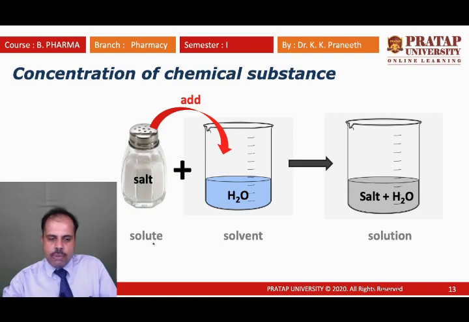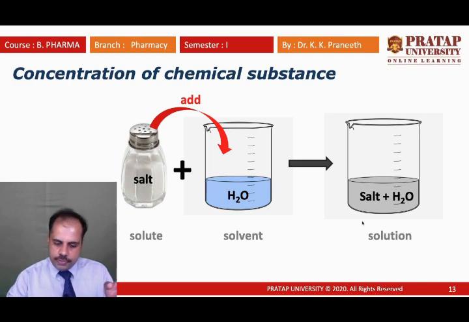So a solution can be prepared by dissolving salt in water to get this solution. Salt solution means salt plus water. So this simple example you can remember to understand the different names: solute, solvent, and solution.